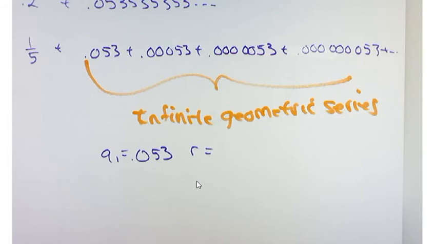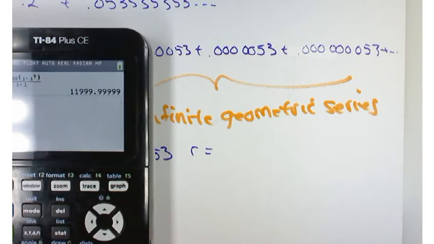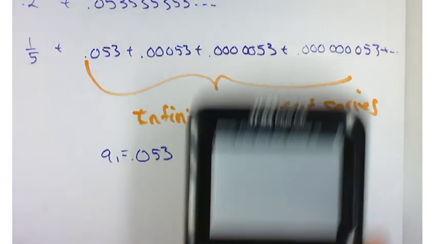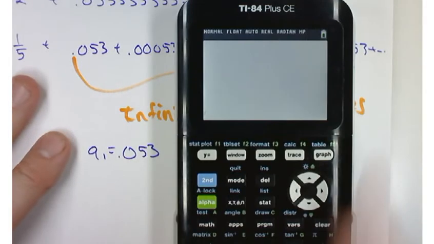Give people around you a chance to figure that out. If you take any 2 adjacent terms, I'd probably stick with these two, 0.00053 divided by 0.053.